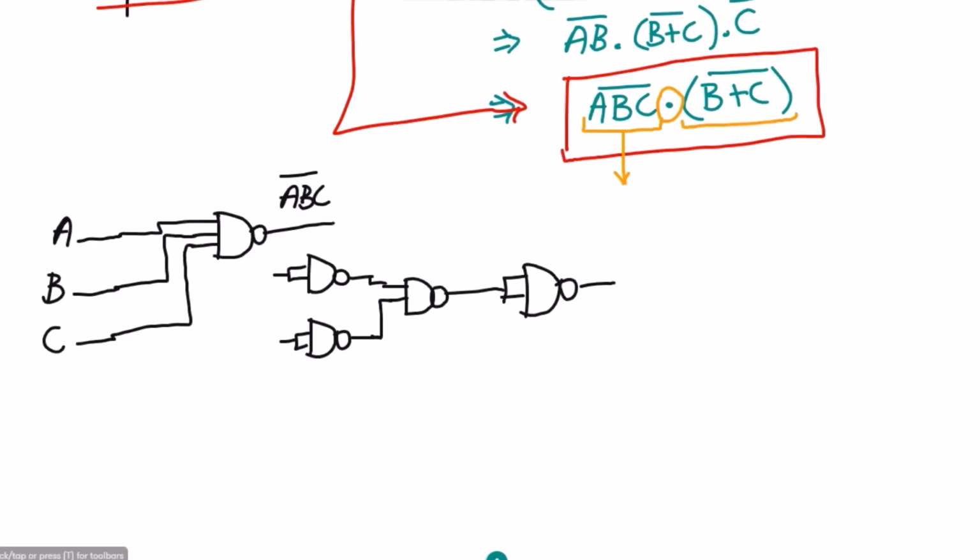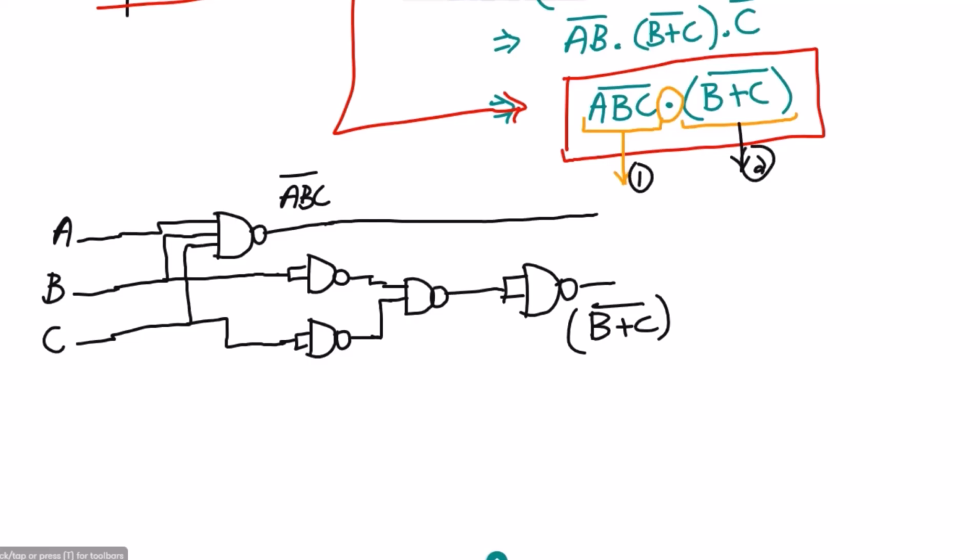Okay, so here we have B plus C, so let me use this B here and C here, and at the output of it, I will get B plus C whole complement. Okay, so these are the two inputs which we have here, this is 1, this is 2, and these now have to be multiplied together by using this multiplication sign, and for it I can use this NAND gate.